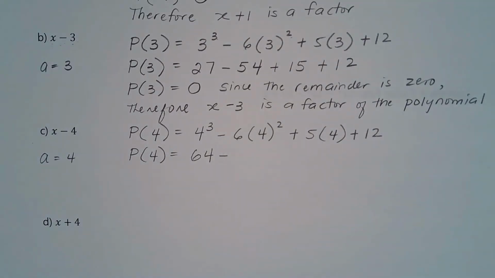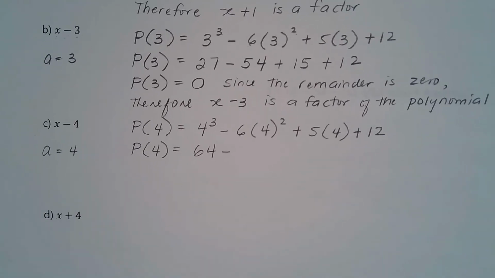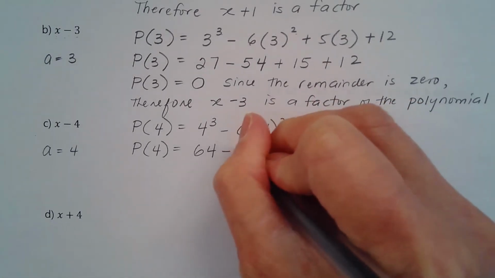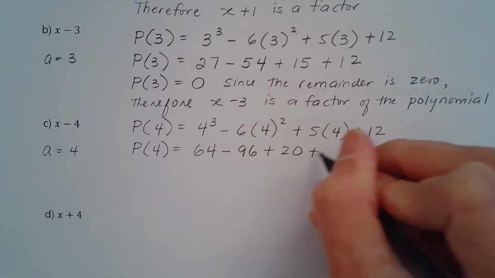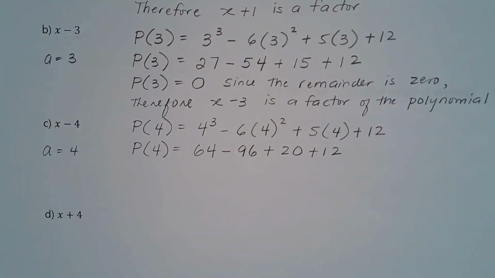I'm going to use my calculator here. Negative 96 plus 20 plus 12.